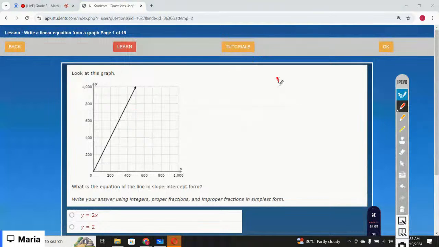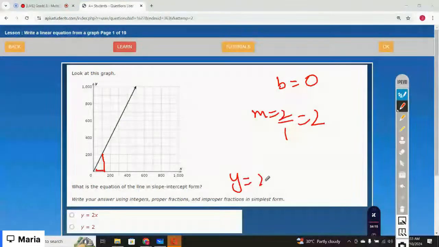So y-intercept is 0. You need to find the slope. So the slope is 2 by 1. M equals 2 and the slope is 2. The equation is y equals 2x plus 0. So you are left with y equals 2x. Got it? The correct option is y equals 2x.